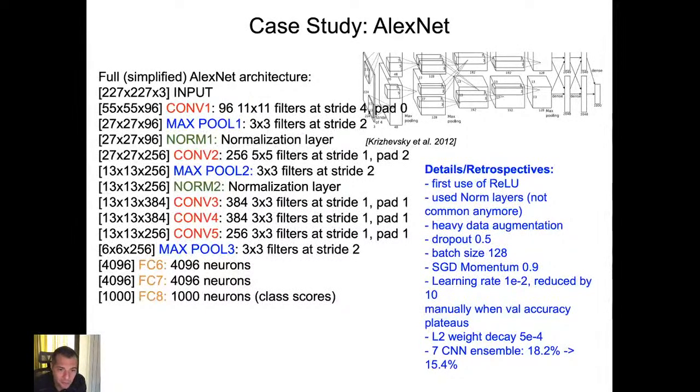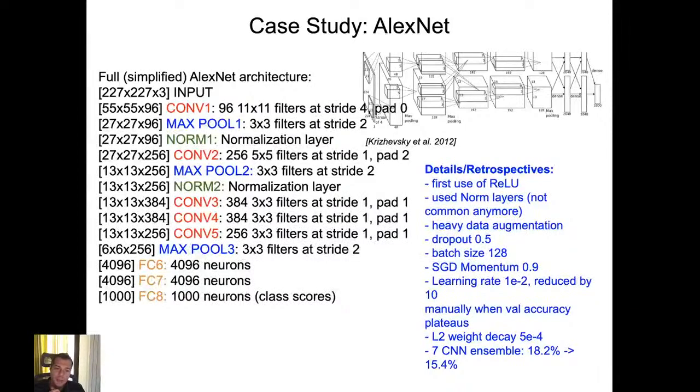For the optimization, they use stochastic gradient descent with momentum of 0.9. They started with a learning rate that is quite high, 10 to the power of -2. They also reduced the learning rate manually when they observed the validation accuracy reaches plateaus.